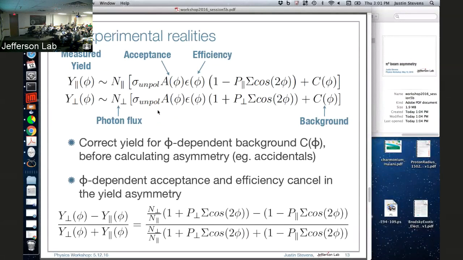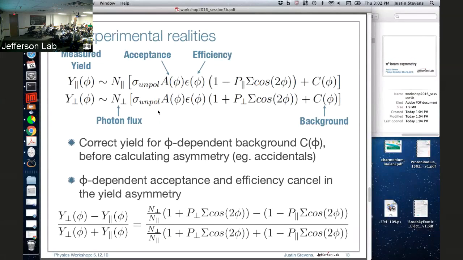And then the pieces that you're left with are, as Elton was mentioning, you need this ratio of the fluxes for the perp and the para, which is one of the essential ingredients. And then if the polarization, for some reason, was different between perp and para, then those two factors come in your description.